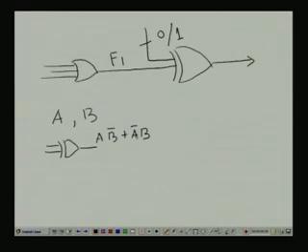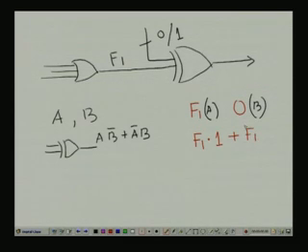So, here if it is F1 and 0 is on this line, say this is my A and this is my B. Then it should be A B bar plus A bar B. A B bar means F1, B bar means 1, 0 bar means 1, plus A bar means F1 bar and B means 0.